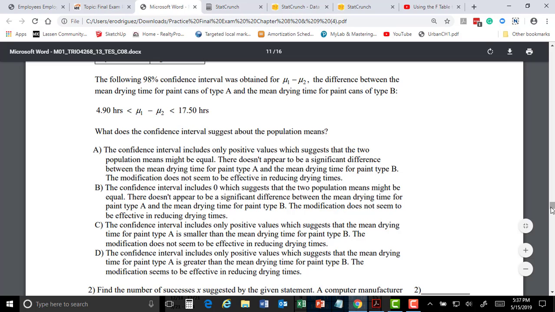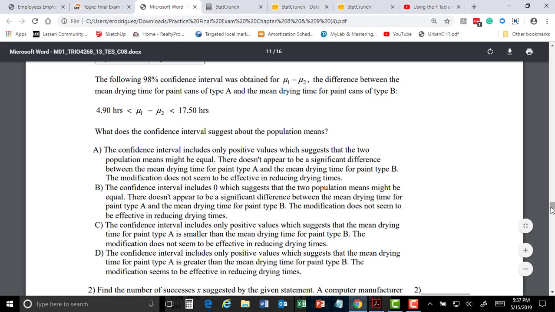So what can I say about the difference? Well, one thing I can say is that you notice that these numbers don't cover 0. They're beyond 0. They're starting at 4 and go to 17, right? So if it's not 0, they can't be equal to each other. Do you understand what I'm saying? I'm just reasoning it through. So there must be a difference. Now, how is the difference set up?